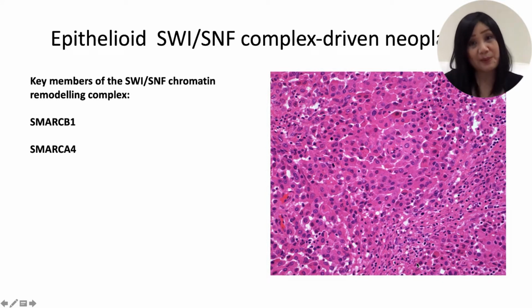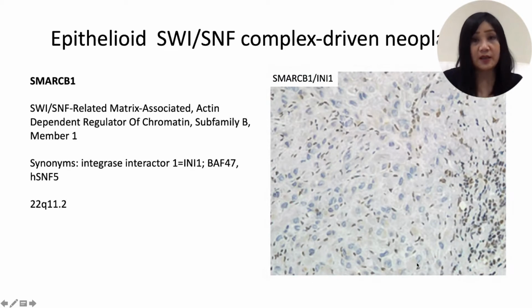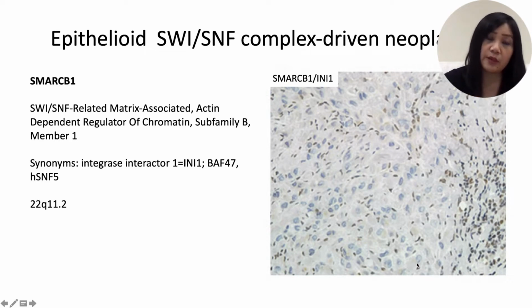There are many members of this complex, but the key ones that we need to know about are SMARCB1 and the emerging SMARCA4. SMARCB1 or INI1 is the one that we all know about. It stands for SWI/SNF-related, matrix-associated, actin-dependent regulator of chromatin, subfamily B1. Also known as INI1, the antibody is often called BAF47 or hSNF5, and it's on the long arm of chromosome 22.